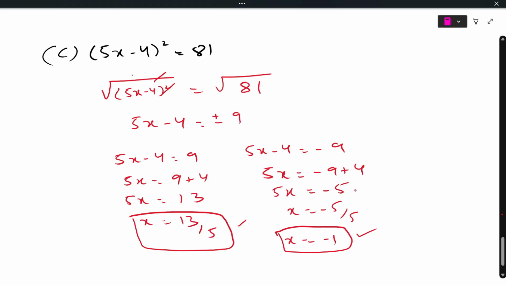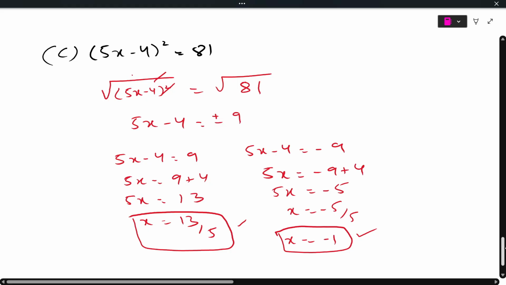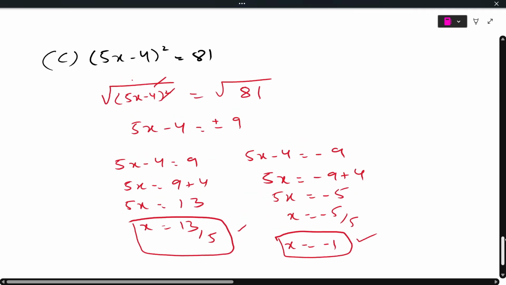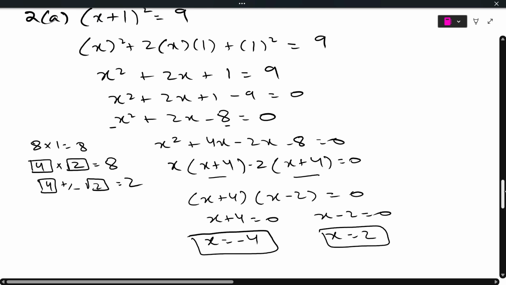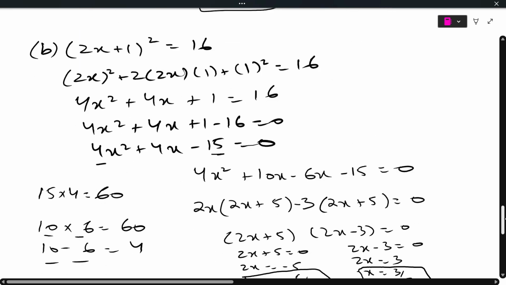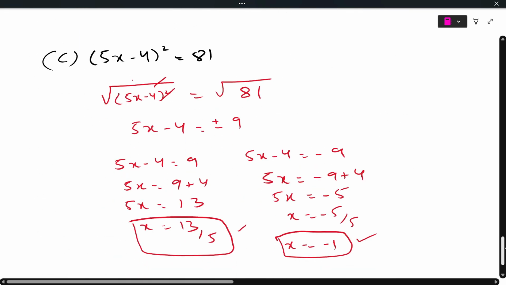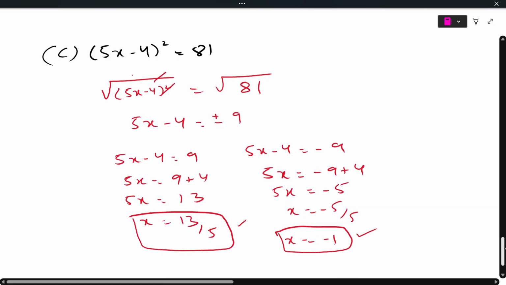This method is much more straightforward for these types of questions, and you can use the same method for part B and part A also, and you will get the same answer. Both methods are correct. You can use either of these two methods, whichever you find easier.